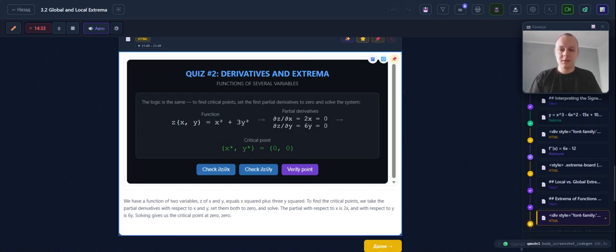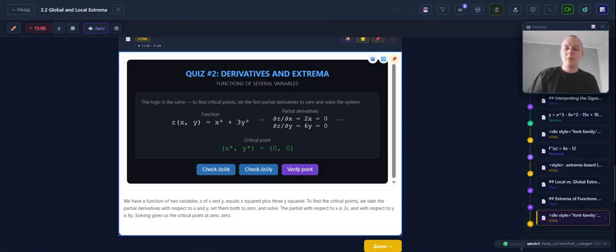For example, if we have the function z of x and y equals x squared plus 3 multiplied by y squared, there will be two partial derivatives. We will find how our function z changes when x changes.